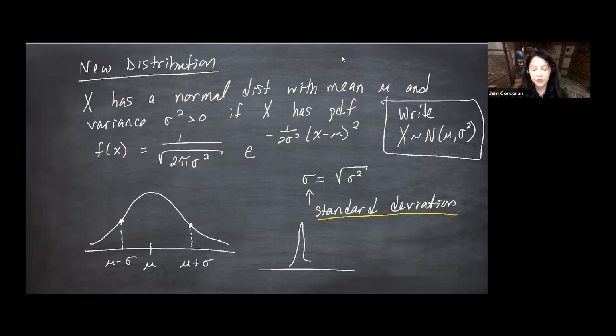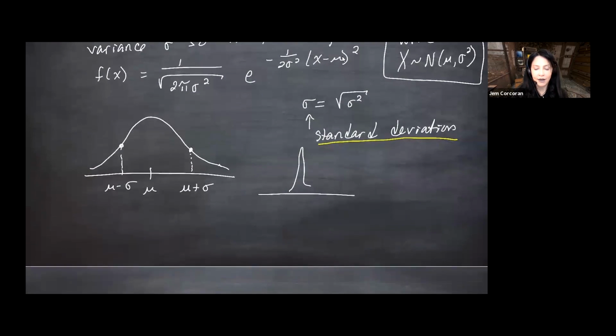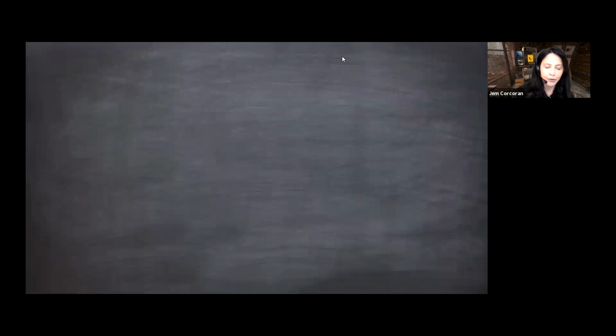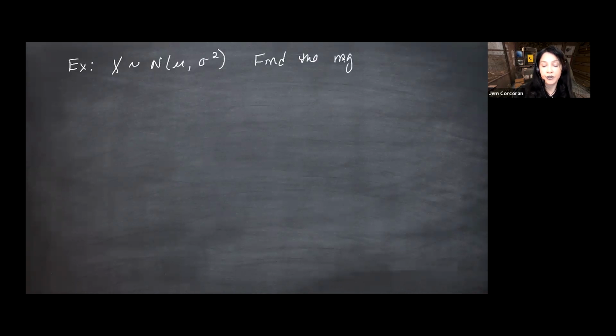So the point is that I wanted to do a moment generating function example. Suppose that X is normally distributed with mean mu and variance sigma squared. Let's find the moment generating function for X. This one's a little tricky.